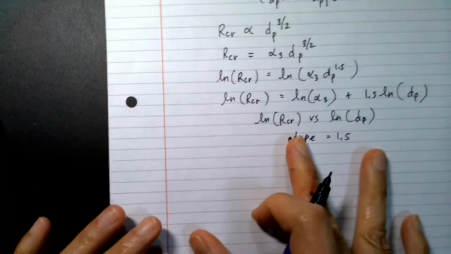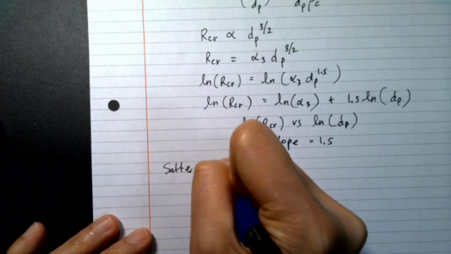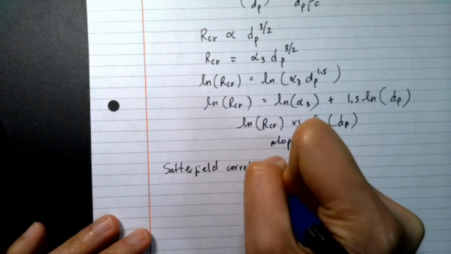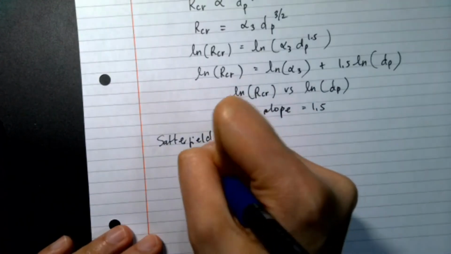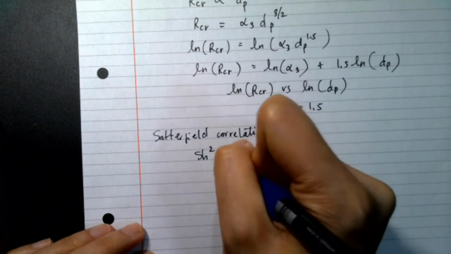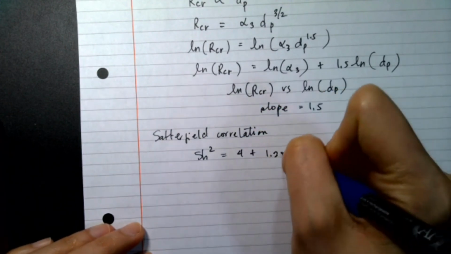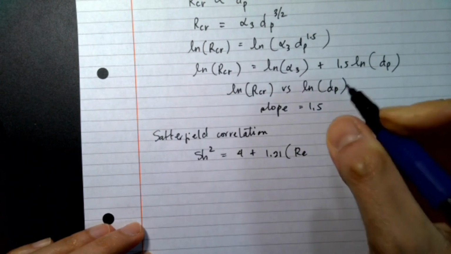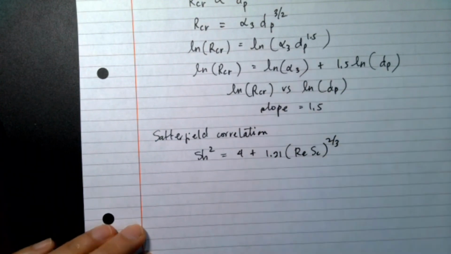For example, the Satterfield correlation. The square of the Sherwood number is equal to 4 plus 1.21 times Reynolds number times the Schmidt number raised to 2/3.